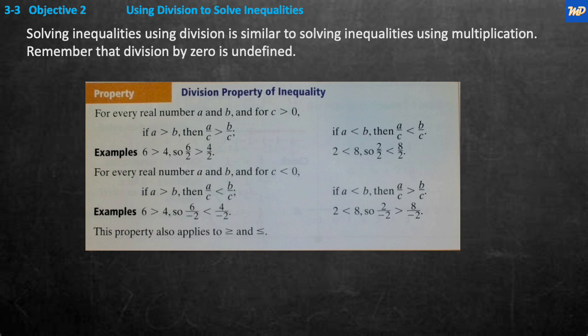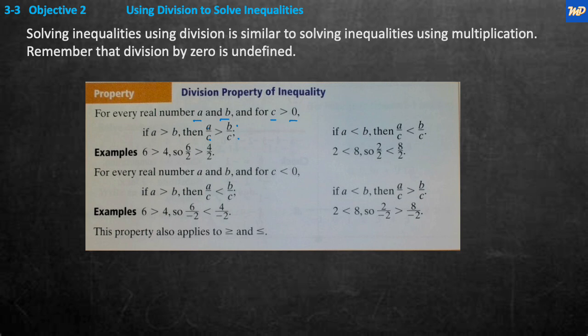For every real number A and B, and for C greater than 0, we're talking about positive numbers that are not 0, right? If A is greater than B, then A divided by C is greater than B divided by C. If A is less than B, then A divided by C is less than B divided by C.